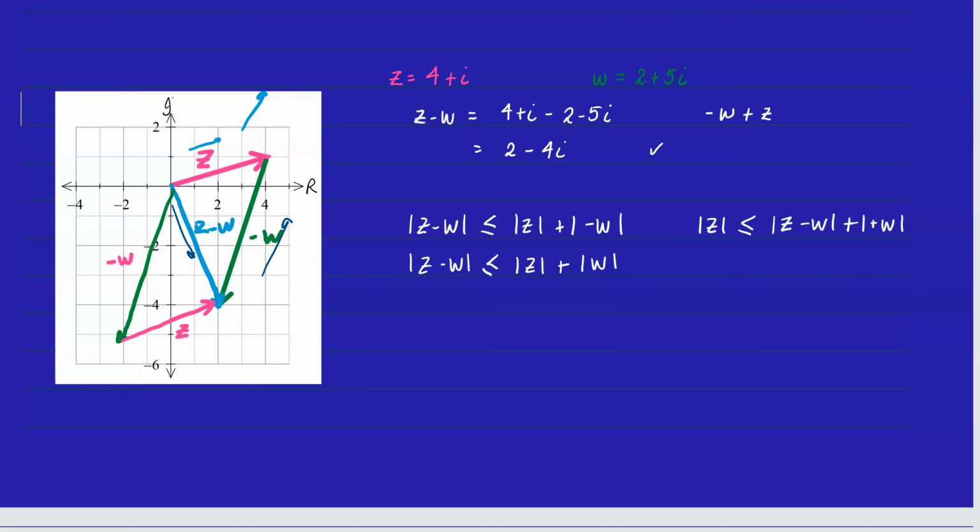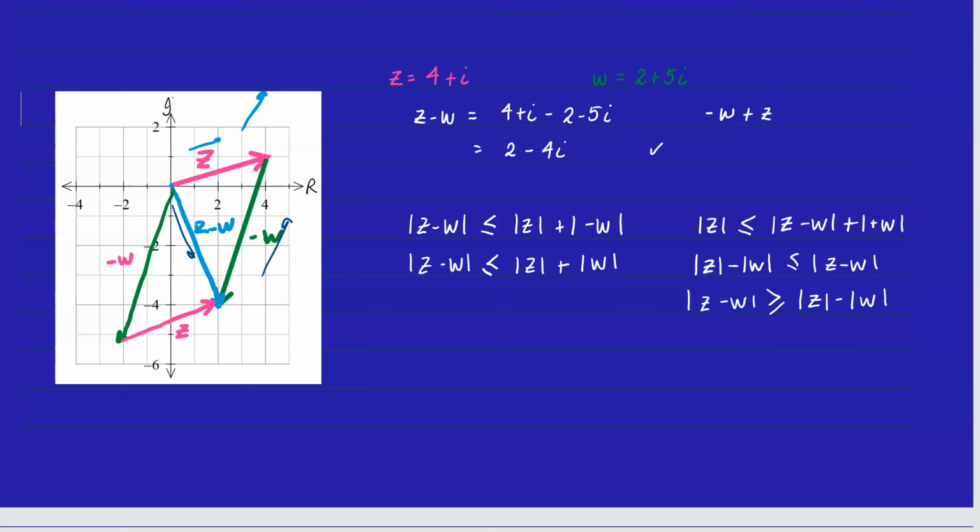We can rearrange this to get the length of z take w by itself, to get another interesting property. If I take the modulus of w to the other side, we get that, which is less than or equal to the length of z take w. Therefore we have the modulus of z take w, watch where the inequality sign is going, the open end is there, it means it's greater than or equal to the modulus of z minus the modulus of w.